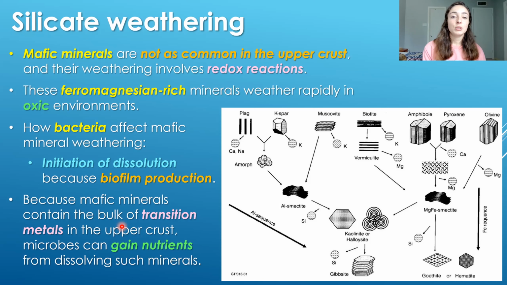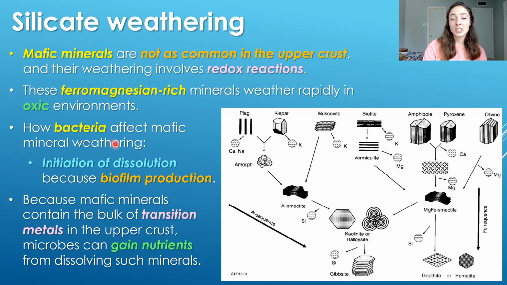So the manganese was reduced by some sort of electron donor, and this reduction caused the manganese oxides to dissolve. And so this can occur in the reducing direction or the oxidizing direction. And so this is called redox reactions. And actually, for the case of ferromagnesian minerals, like mafic ones, these weather more rapidly in oxic environments. So they undergo oxidation, which dissolves them more easily than reduction would, like we saw with the manganese oxides.